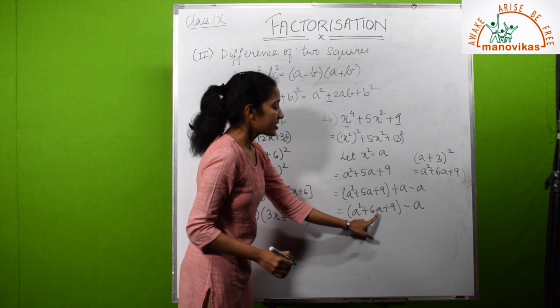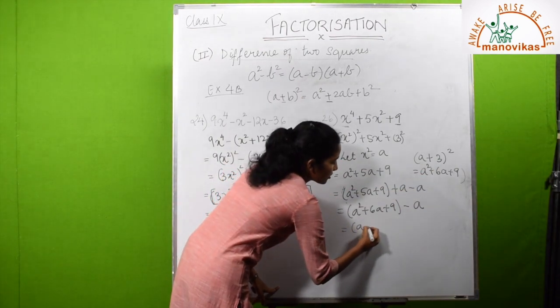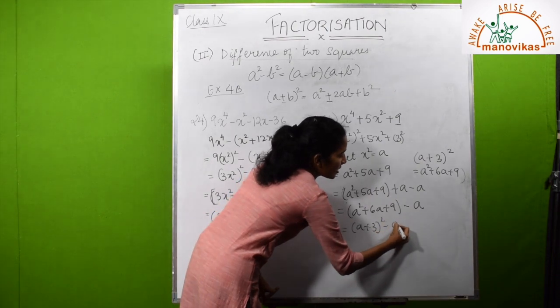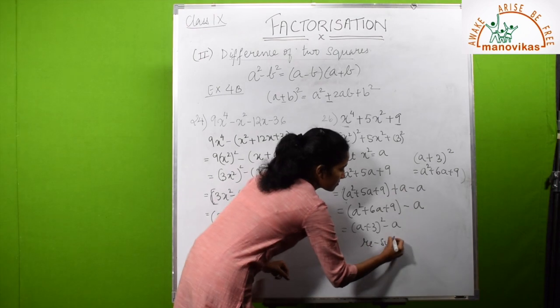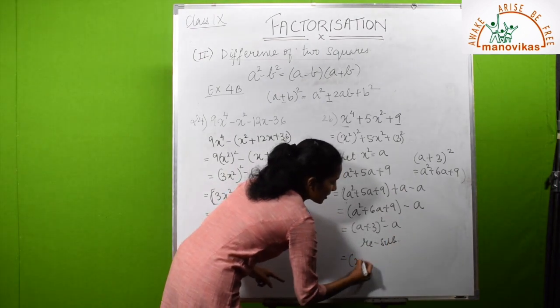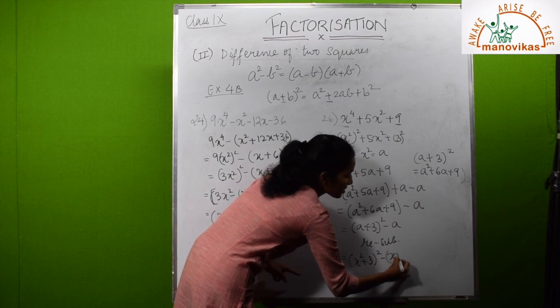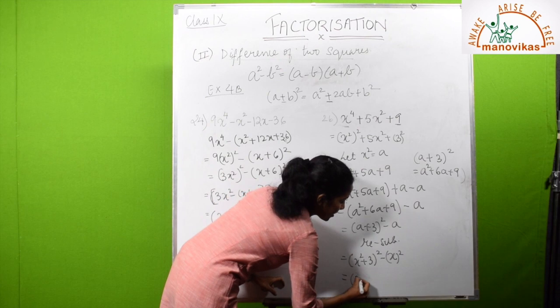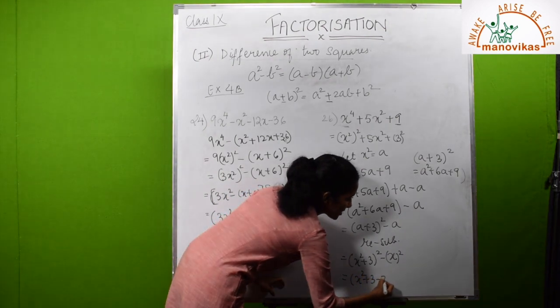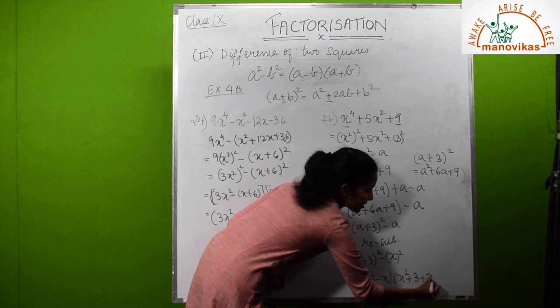Now a square plus 6a plus 9 is nothing but (a plus 3) the whole square, and minus a remains. Resubstituting here, I get (x square plus 3) the whole square minus x square. This will be the identity, and I have (x square plus 3 minus x) into (x square plus 3 plus x).